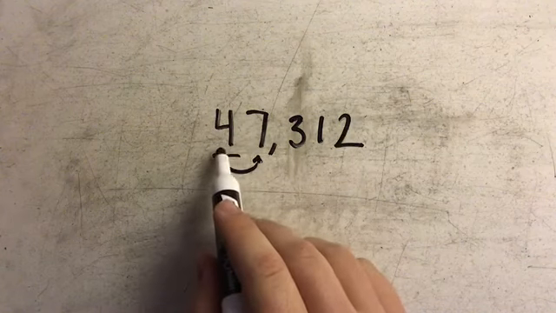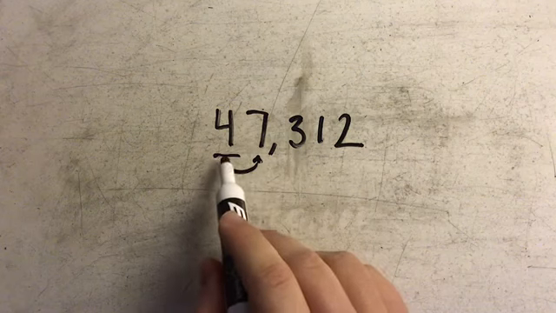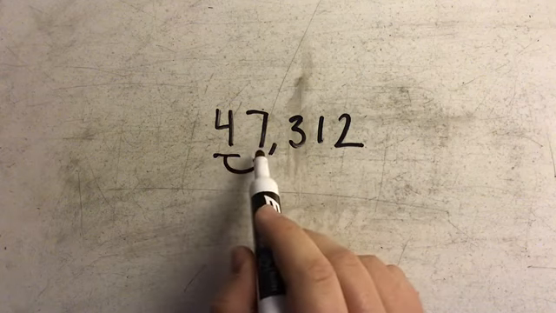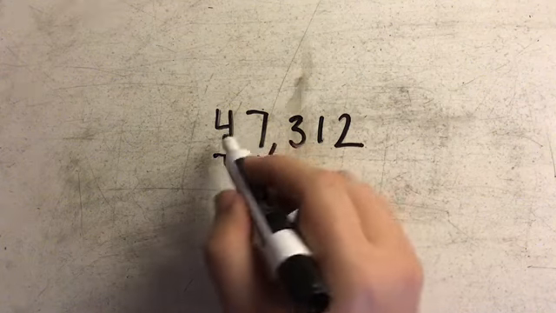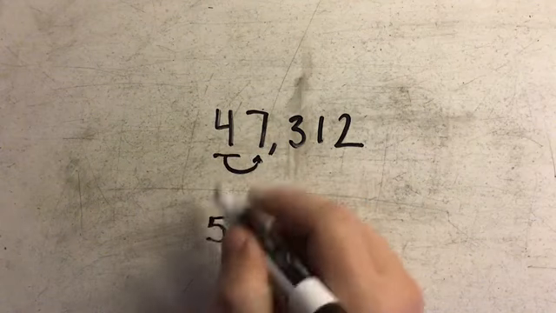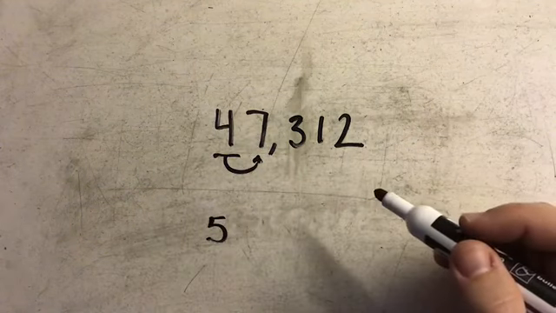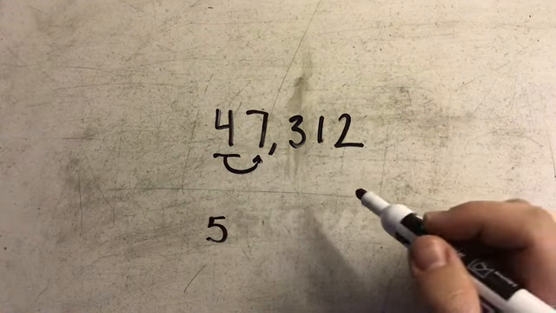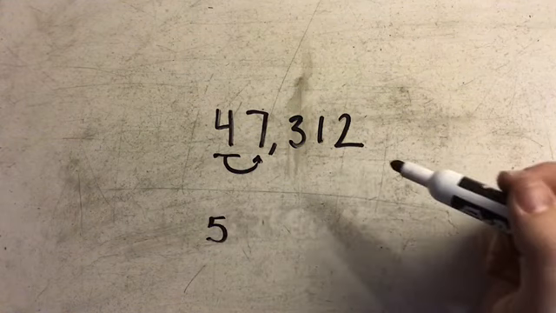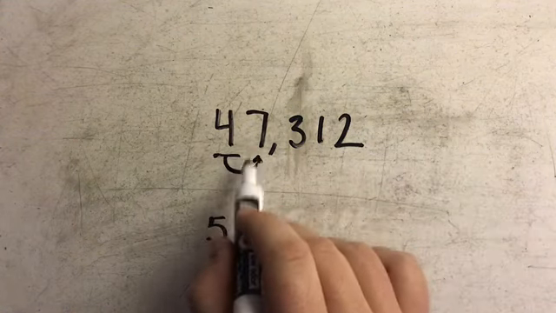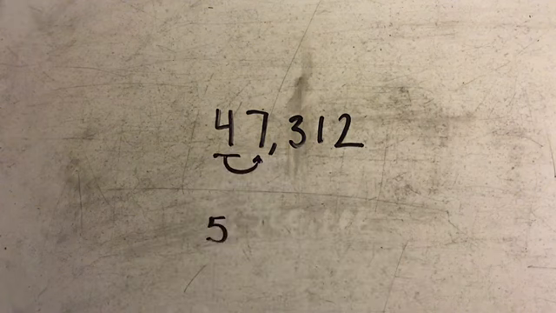So if I'm rounding to the nearest 10,000 with this number, looking next door, I see that that 7 is greater than 5. So I'm going to add one more to the 10,000s place. That's going to become a 5. The numbers behind that rounded value are now all going to become zeros.